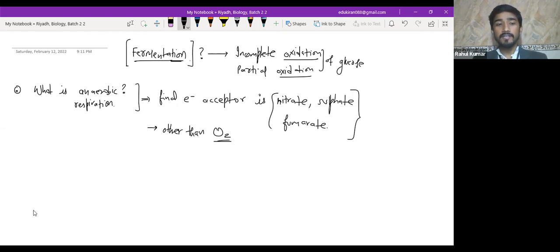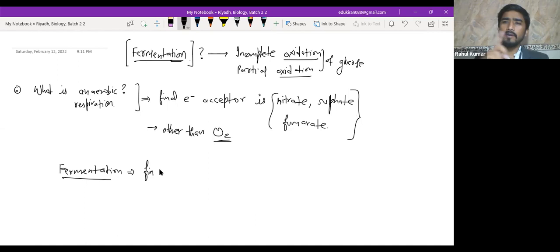Whereas in fermentation, write down, in fermentation, the electron acceptor is the final electron acceptor. Always write final, because remember in that electron transport chain, there were many molecules which were taking electrons and passing them on.